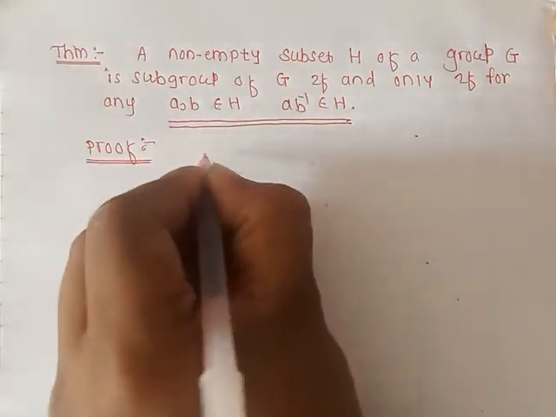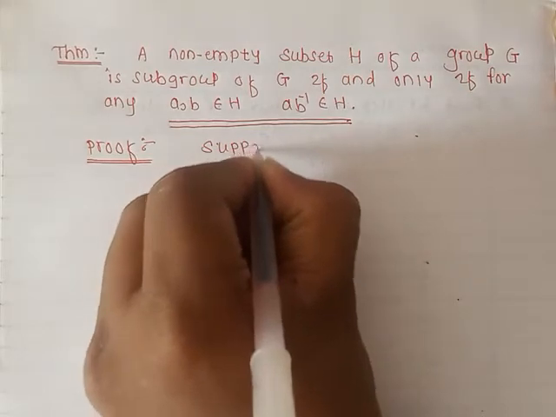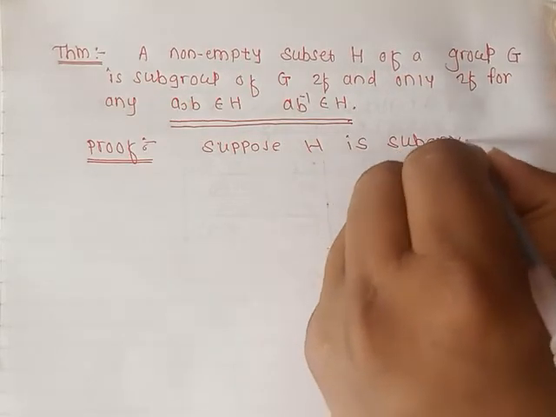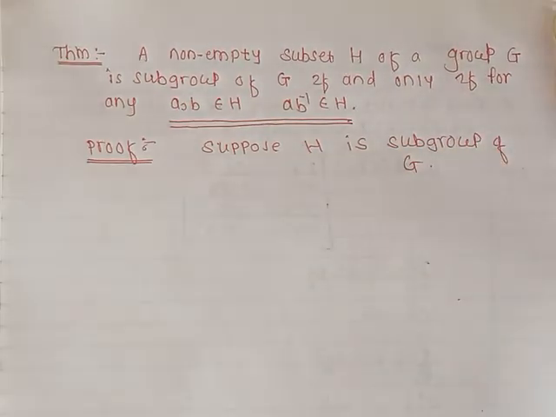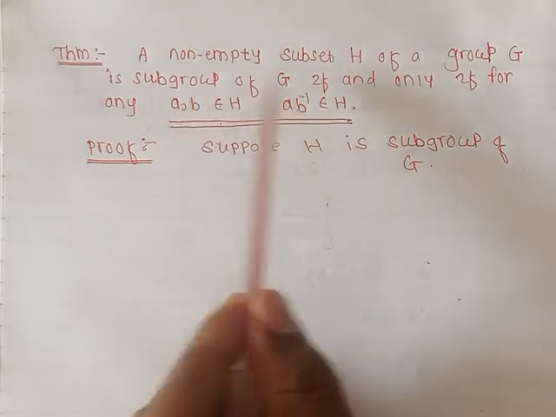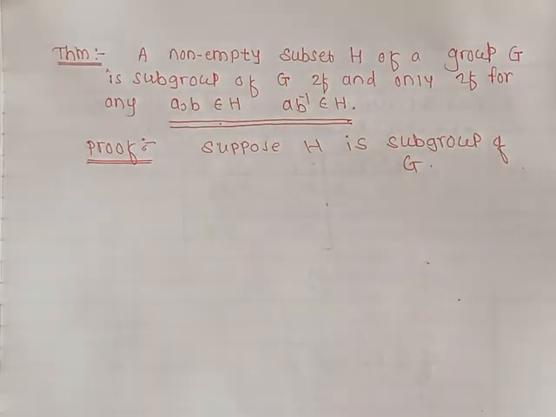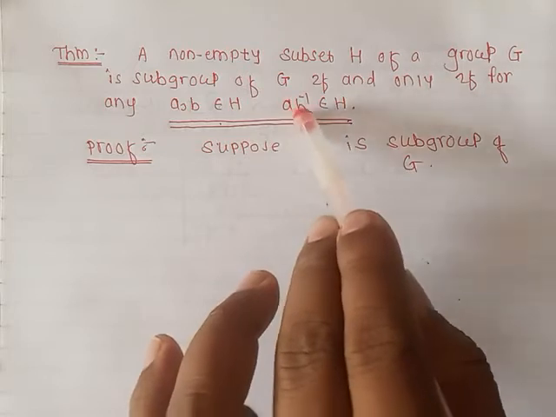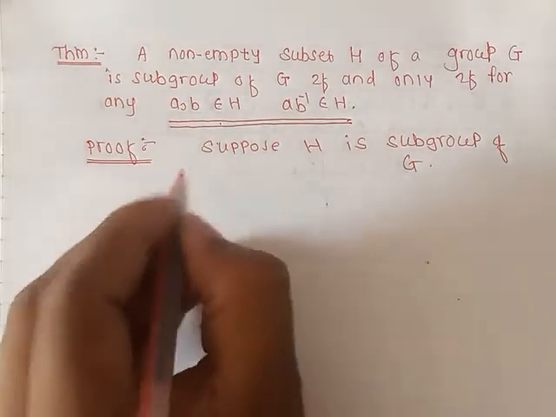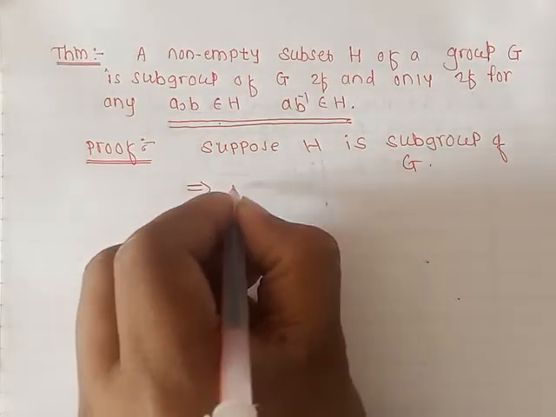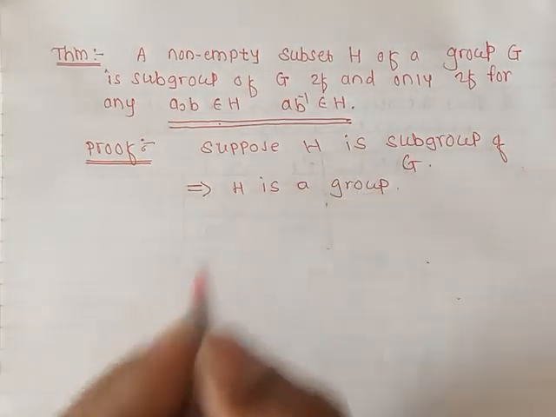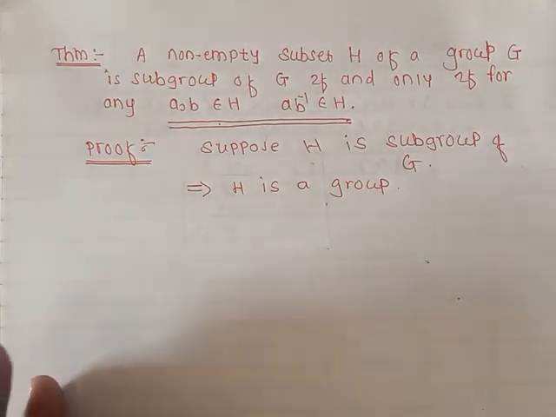Proof. Suppose H is a subgroup of G. We have to prove this condition, and again we are assuming this condition and proving that all three conditions of the definition are satisfied, and prove that H is a subgroup of group G. Now suppose H is a subgroup of group G. This implies H is a group, because by the definition of subgroup, H is itself a group.